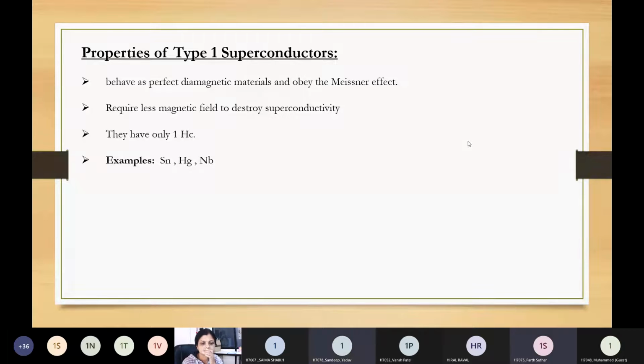We have seen that when we apply a magnetic field to a superconducting material, due to this magnetic field, a current is induced on the surface of that superconducting material. That induced current also induces a magnetic field of its own.